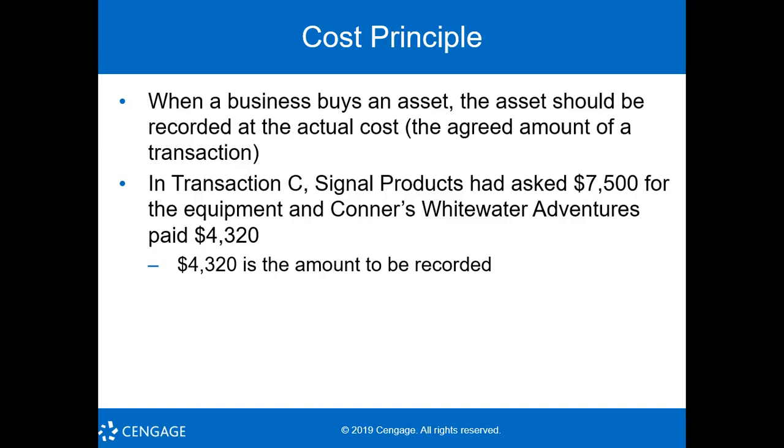Just to highlight this, it says here, in transaction C, Signal Products had asked $7,500 for the equipment, and Conner's Whitewater Adventures paid $4,320. So even if the equipment was worth $7,500, if we paid $4,320, that's what we're recording it for. That is the cost principle, also known as the historical cost concept. Assets have to be recorded at the amount that we paid for them, or the acquisition cost is the fancier term.